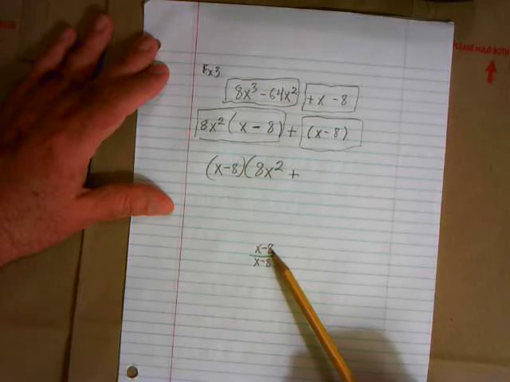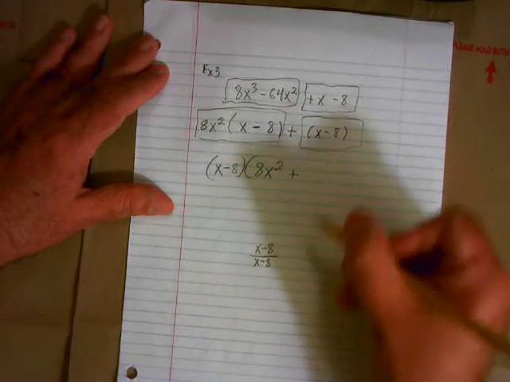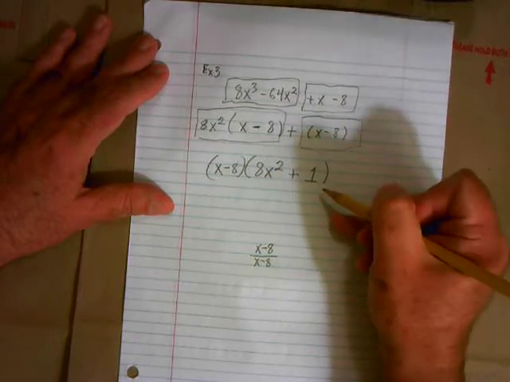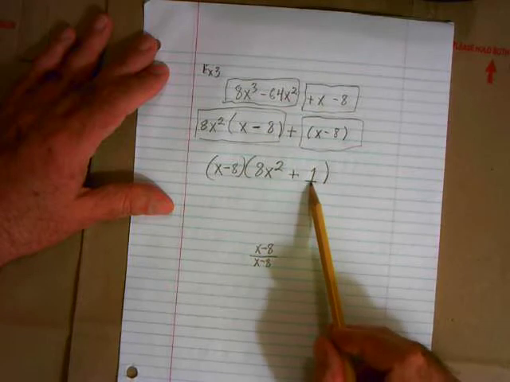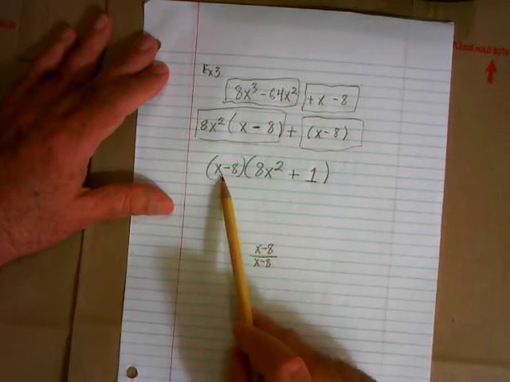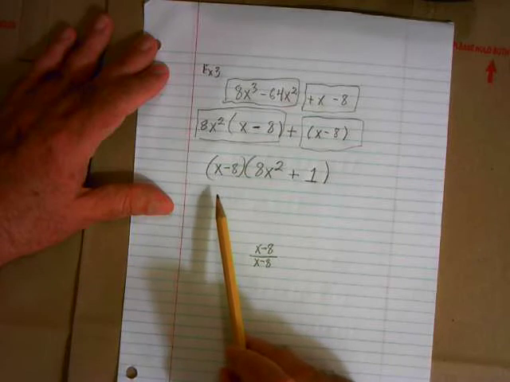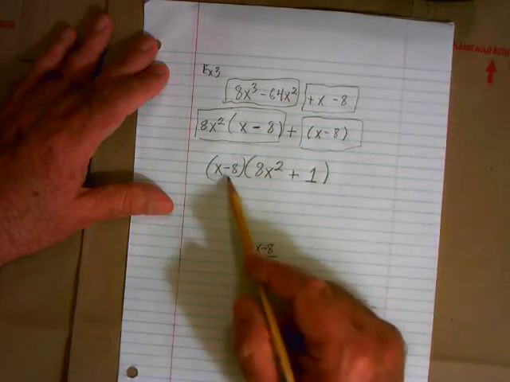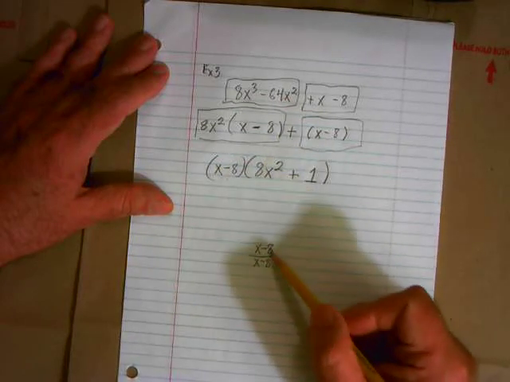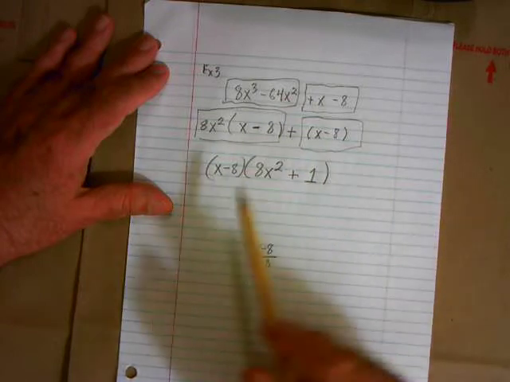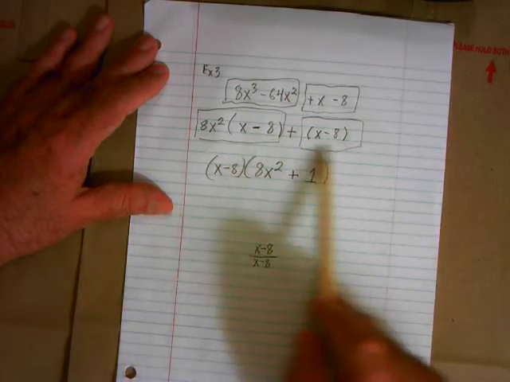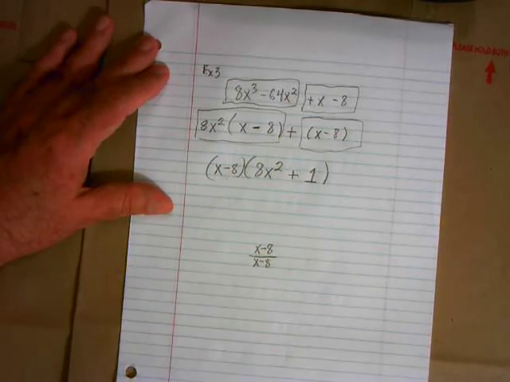Well, what is x minus 8 divided by x minus 8? It's just 1. It doesn't go to 0, remember. If we divide out an x minus 8, we're using division. So x minus 8 divided by itself would give us 1. And you notice, if we multiplied this out, we would get back to our second line. So there's a little piece of subtlety there that you have to be on the lookout for.